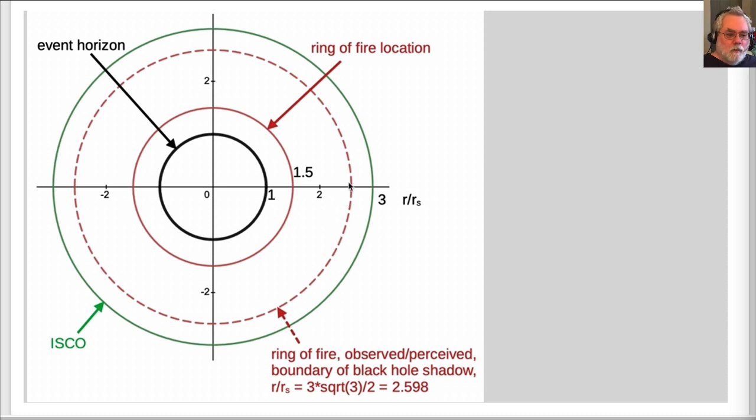The black hole shadow will be black inside of 2.598. There will be a black gap between 2.598 and 3, which is the innermost portion of the accretion disk.